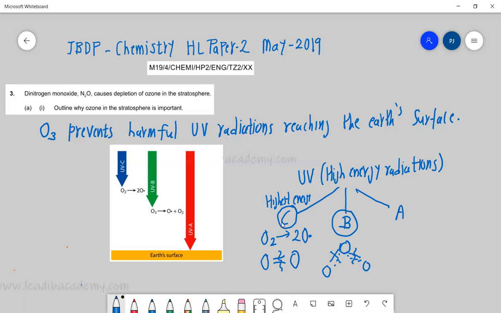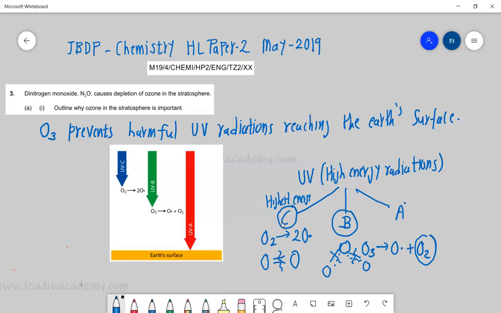So obviously it requires less energy as compared to double bonded oxygen. So ozone sacrifices itself and undergoes decomposition, producing oxygen and one free radical.